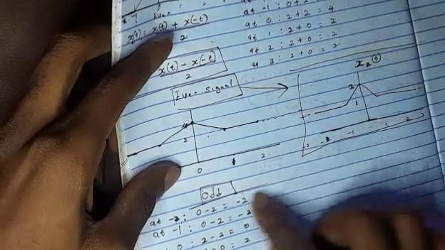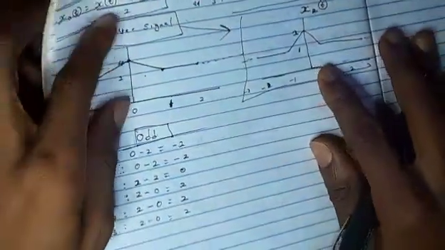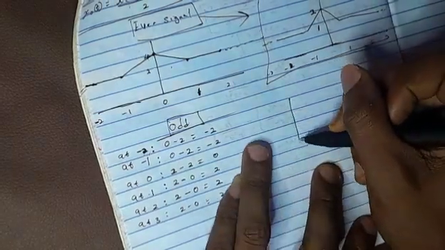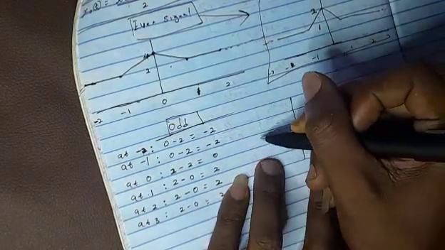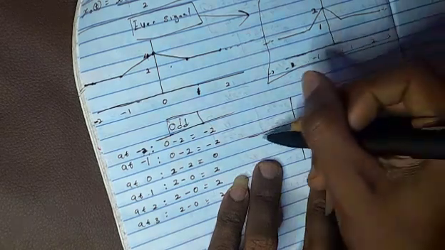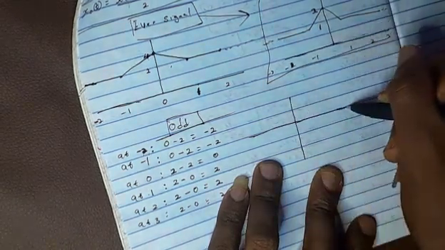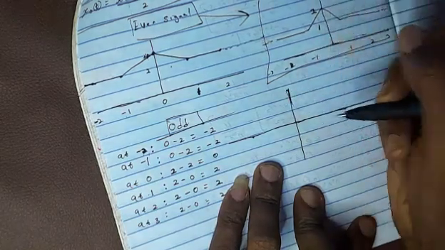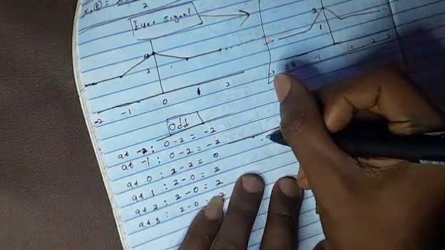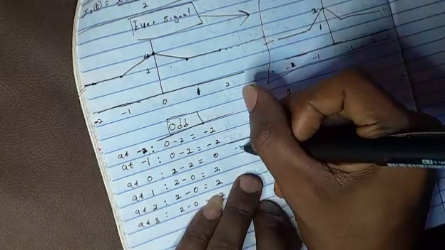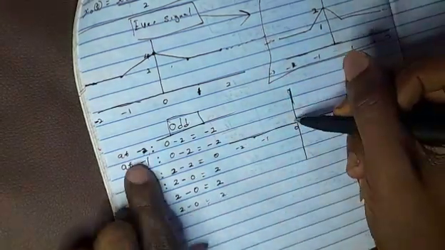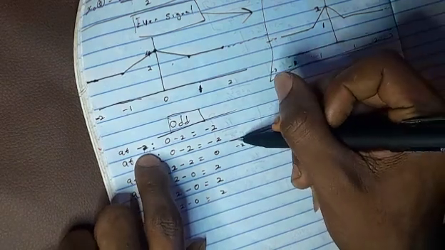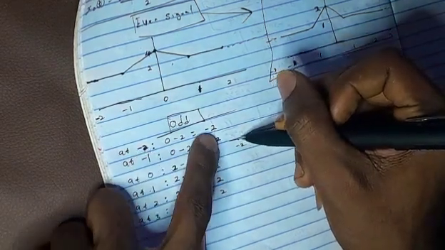So let's sketch out the signal. The signal will look something like this. That's 0, minus 1, 1, minus 2, and 2. So at minus 2, you have it to be minus 2.